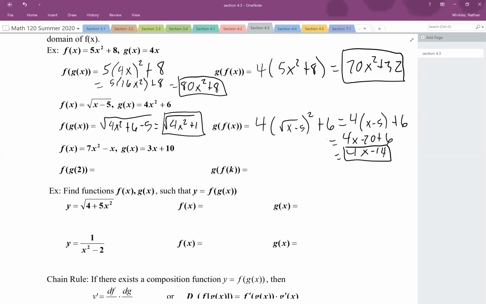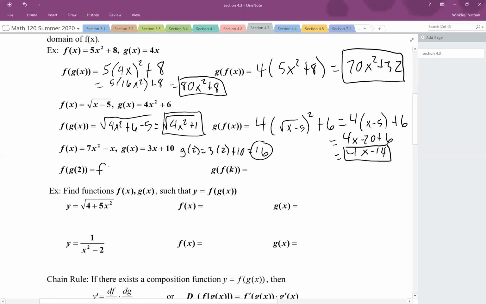Now, on this next one, we're given a little bit different. So the first one we're saying is find g of 2. So g of 2 is actually 3 times 2 plus 10, which is 16. So g of 2 is now 16.